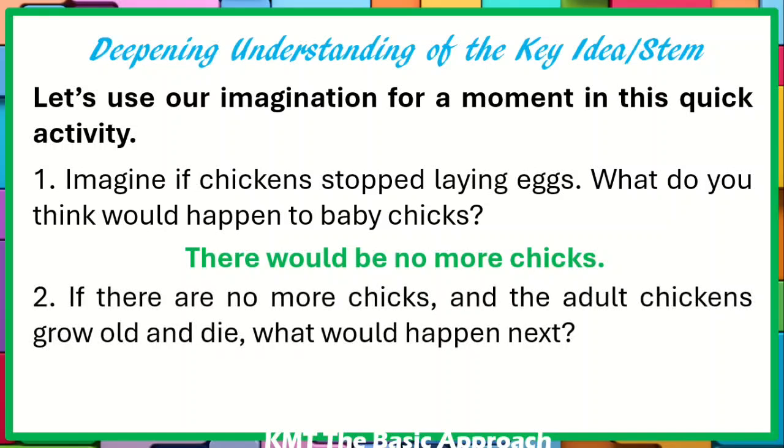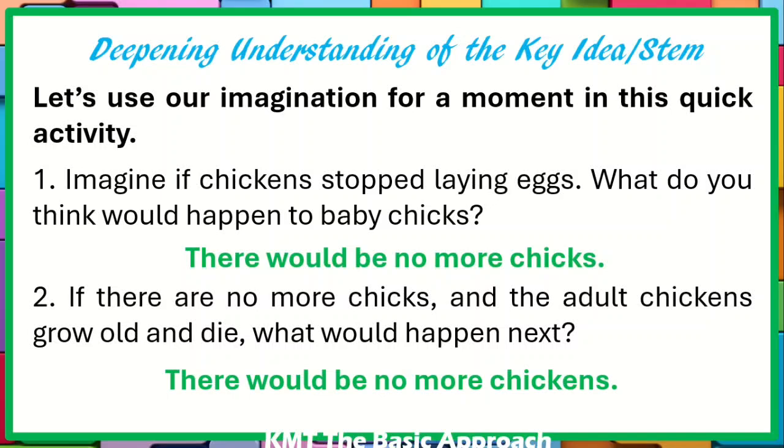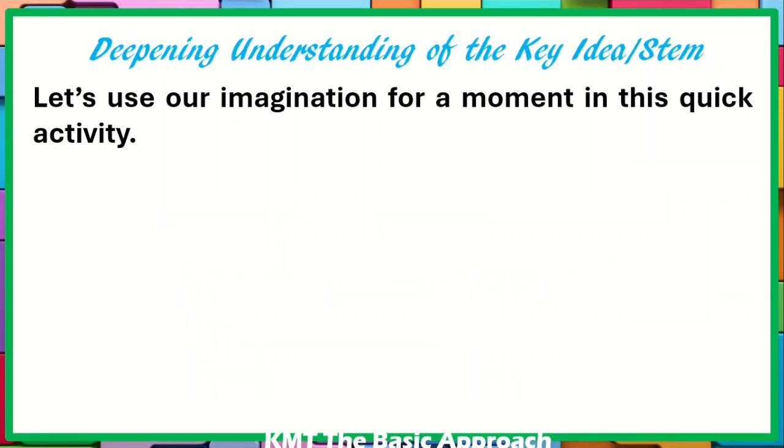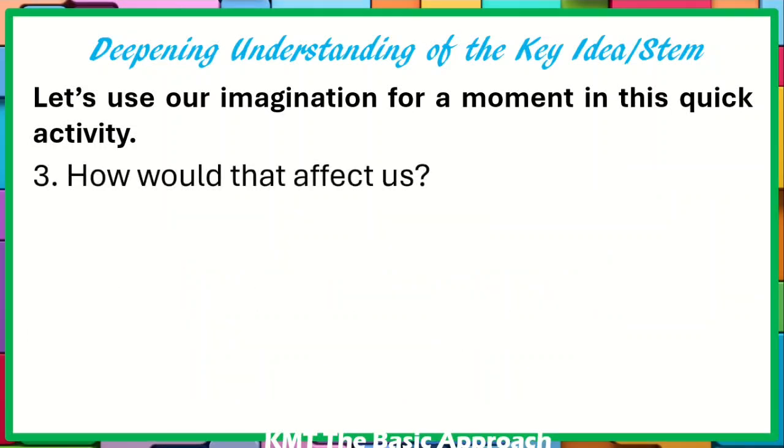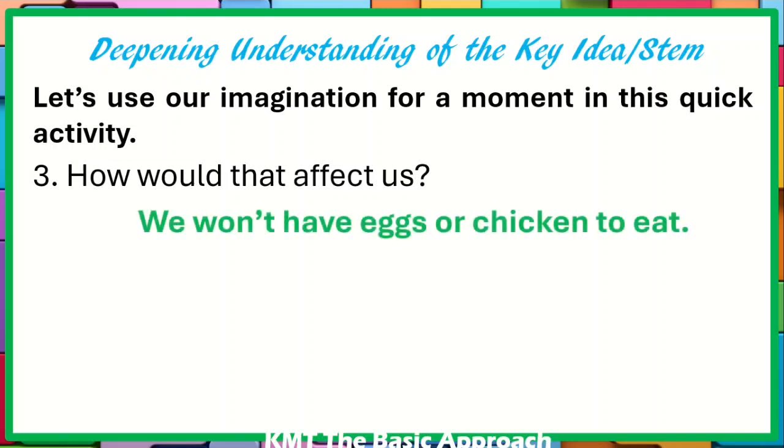If there are no more chicks and the adult chickens grow old and die, what would happen next? Amazing! There would be no more chickens. Number 3. How would that affect us? Good job! We won't have eggs or chicken to eat.